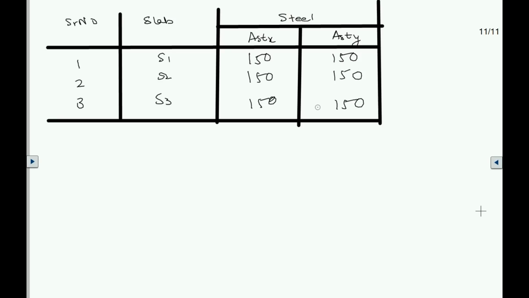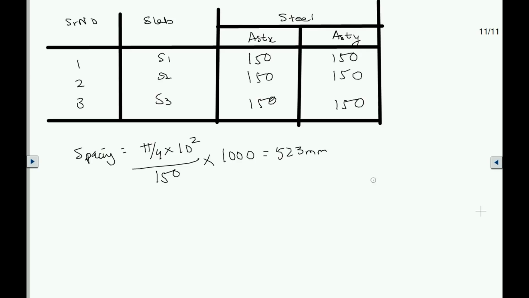Now let's provide 10 mm steel, so the spacing will be the area of one bar, that is pi by 4 into 10 square, divided by the total steel that we have to provide, that is 150, and for per meter width of slab, that is 1000 mm, and that will be 523 mm.